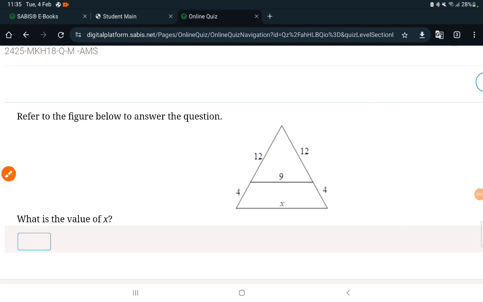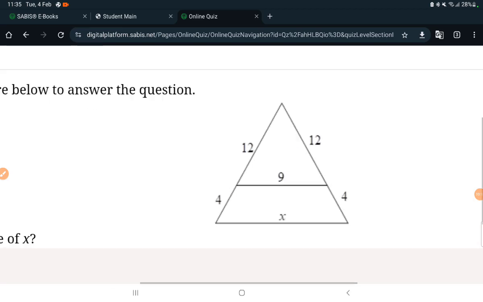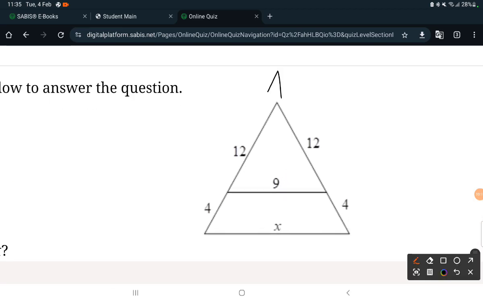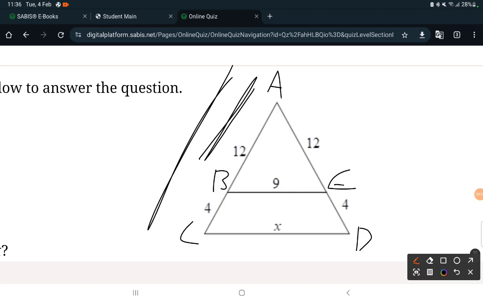So basically, for this question, it is just the SSS theorem. Let's name this A, let's name this B, let's name this C, and let's name this D and E. Okay, so AB over AC is equal to BE over CD.